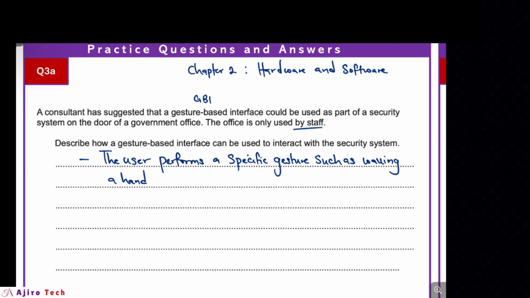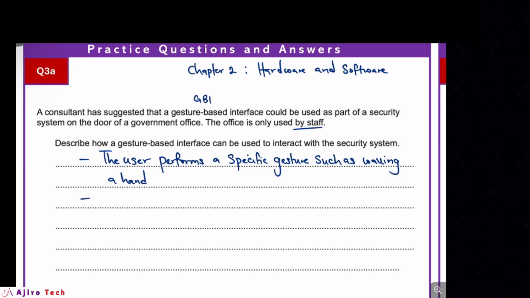Okay, so you have to specify. You don't just say what kind, right? Is it moving the head or wave of hand? You have to specify. Saying perform a specific gesture is not going to be allowed. So take note of that. Okay, it's not going to be allowed.